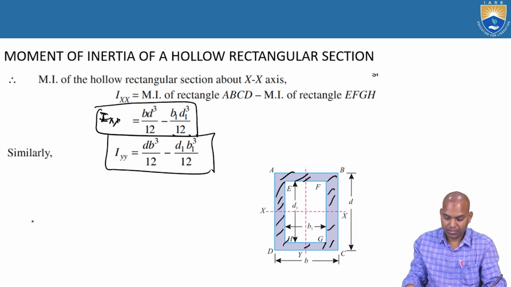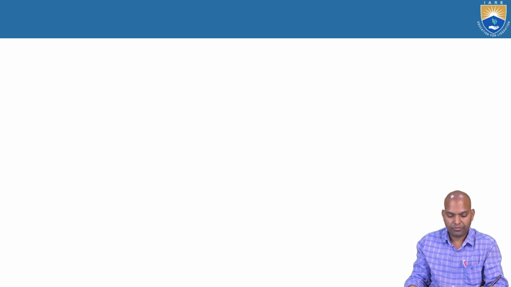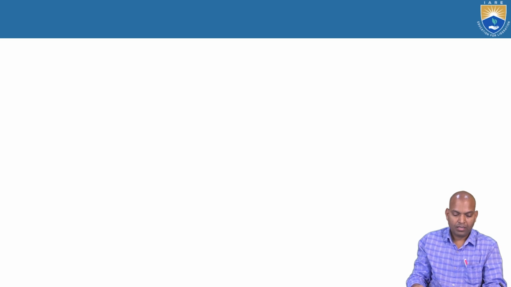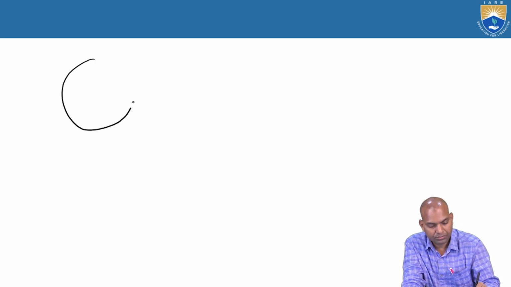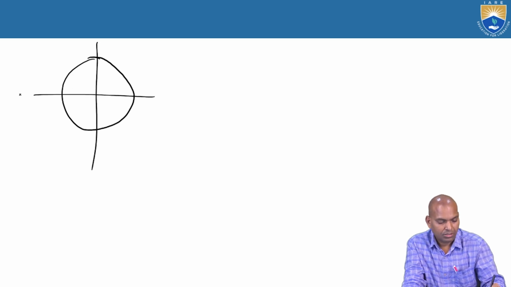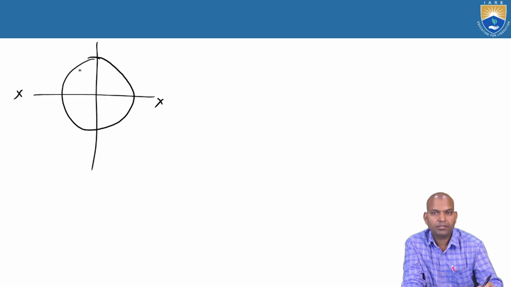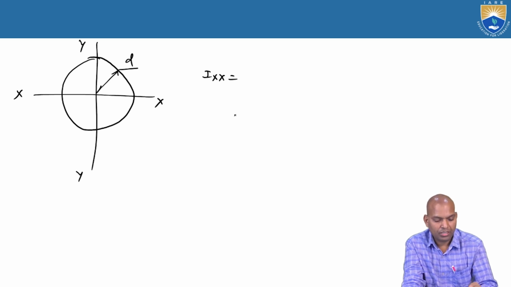Suppose we consider some of the sections in more detail. If we consider the circular section, this is the xx axis, and here it is the y axis. For a circle having diameter d, what about the moment of inertia?